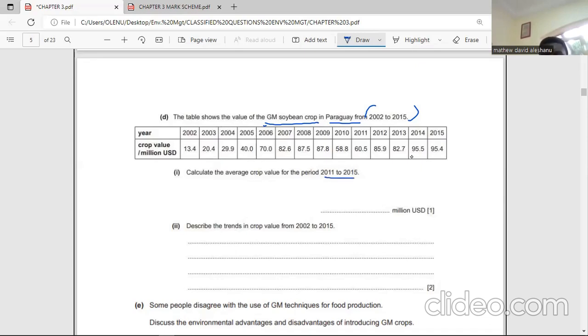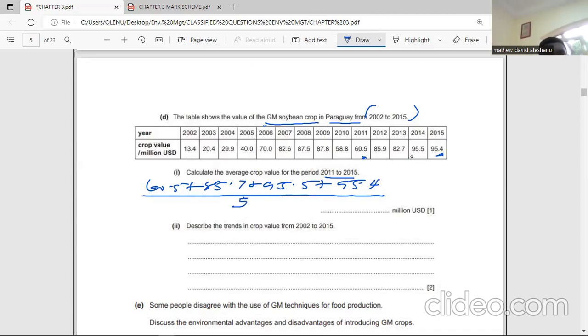So this is 2011 from here down to here. The average will be 60.5 plus 85.7 plus 94, and so on. Divide by, how many is there? We have 1, 2, 3, 4, 5. Divide by 5, and that gives you your answer.